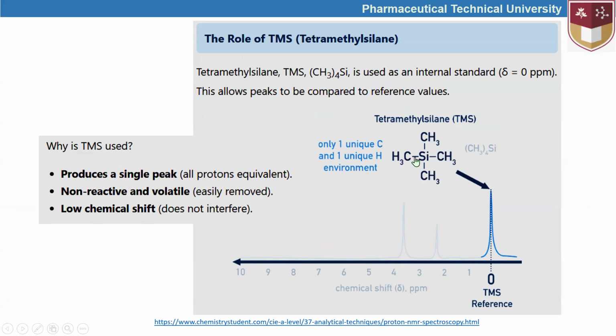All these 12 hydrogens are linked to 4 different carbon atoms, and those 4 methyl groups are linked to the central silicon atom. That's why their position is the same. So they produce a single peak as indicated here. This molecule is non-reactive and volatile, and it has low chemical shift, and it does not interfere with others. That's why it's used as a reference compound.